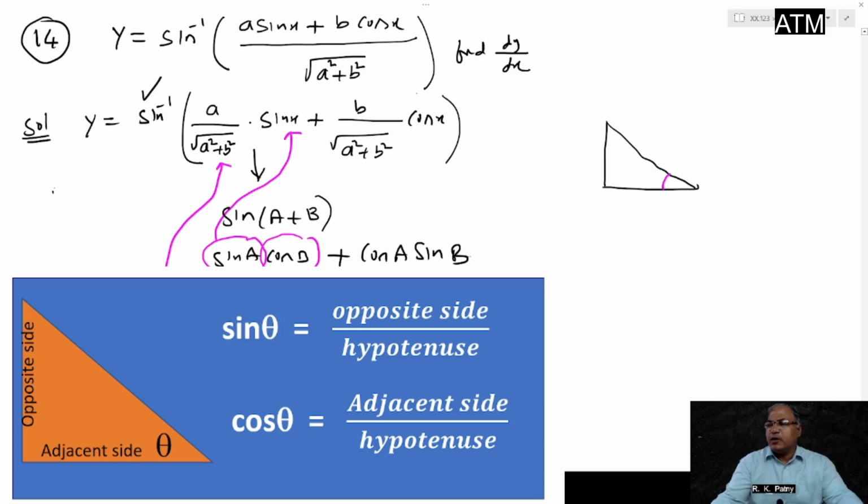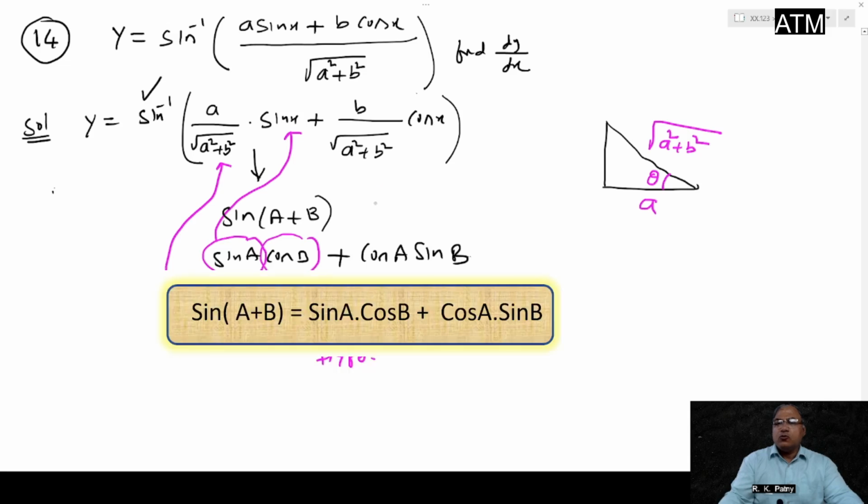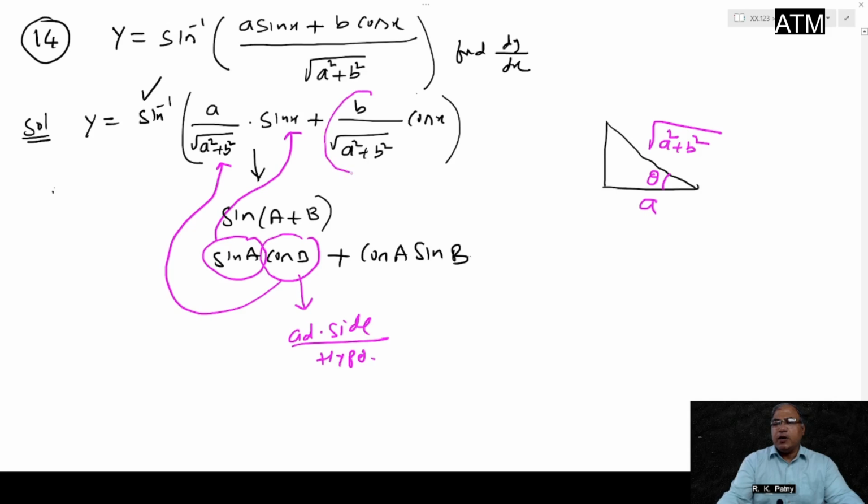Suppose you get some theta, then a has to be the adjacent side, and the hypotenuse is under root of a square plus b square. Now b upon under root of b square plus a square is equivalent to sin B, and sin B is opposite side upon hypotenuse.